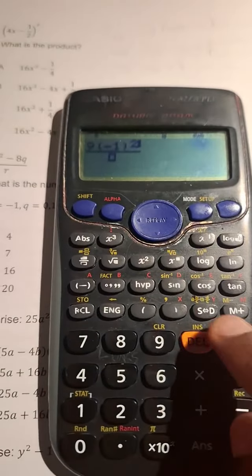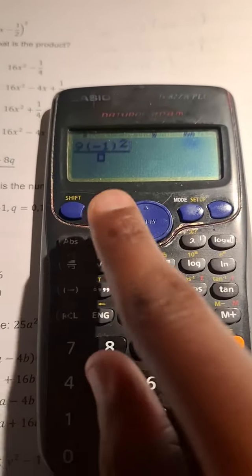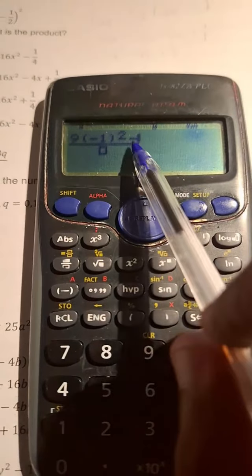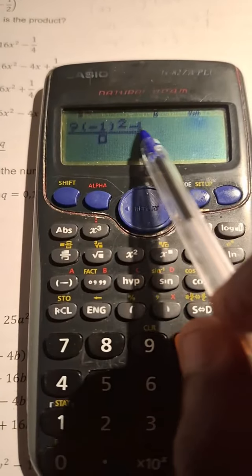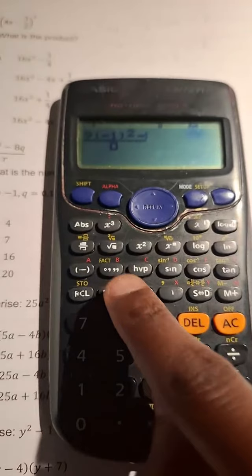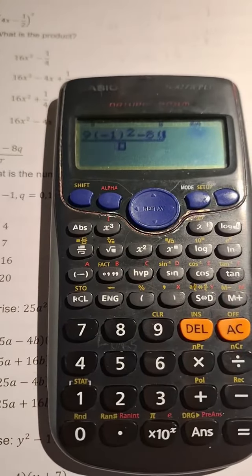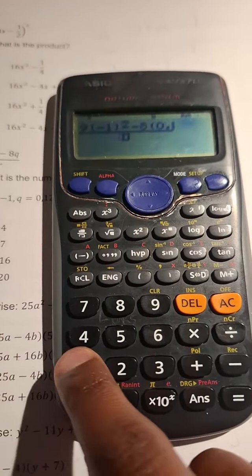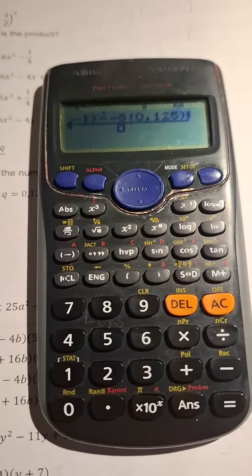Then we minus. Just make sure that when you minus, you have brought down the cursor so that the minus is not in the exponent, but is definitely in line with the expression. You minus the 8, you write 8, and then in the place of q, what would you write? 0,125, you close the bracket.